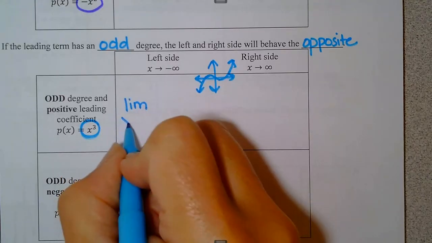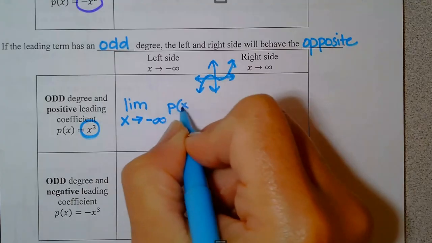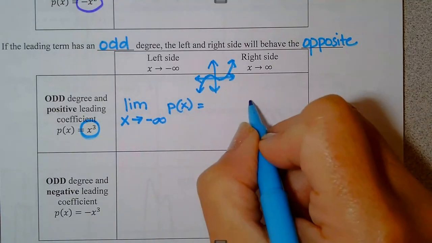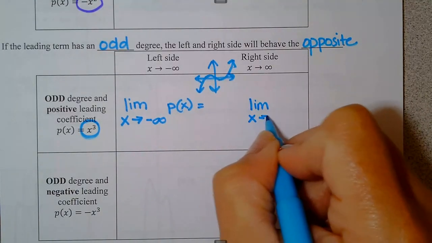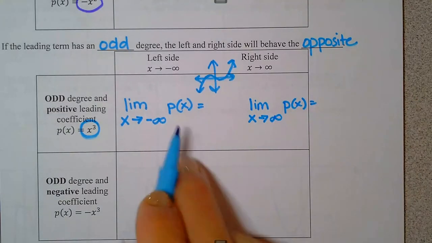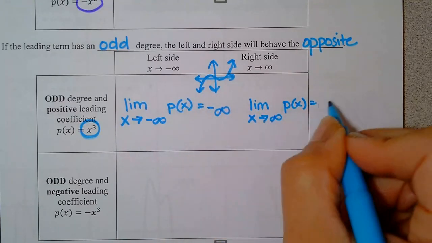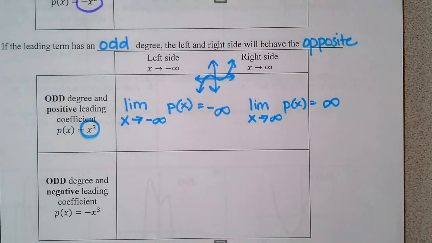So the limit of x to negative infinity of p of x, and then the limit of x to positive infinity of p of x. This one is negative infinity, and this one is positive infinity. So you get one of each, and then they just flip-flop based on the leading coefficient.